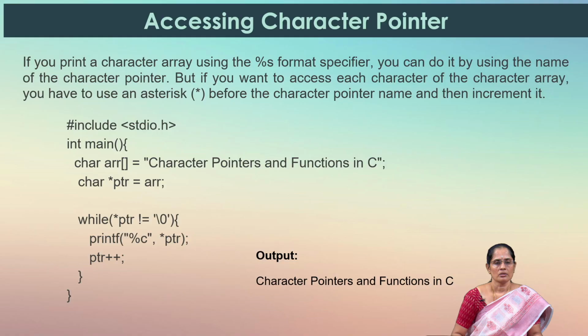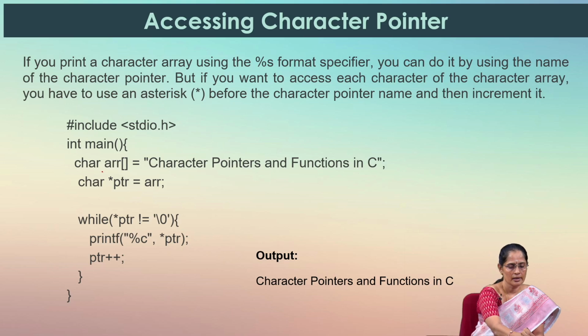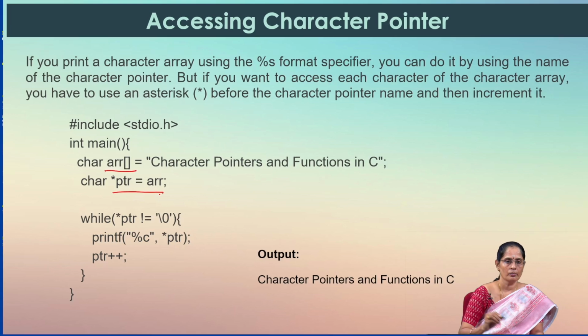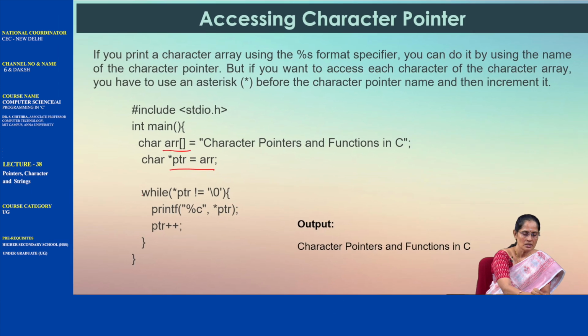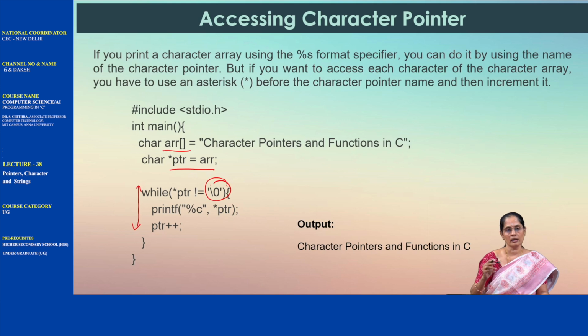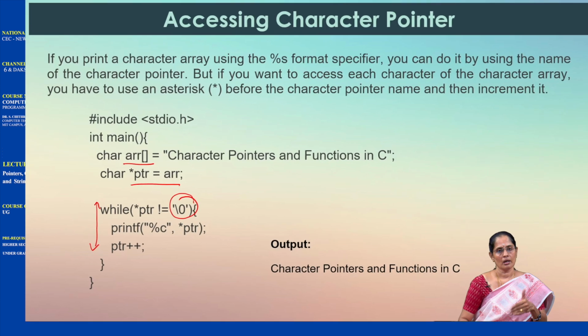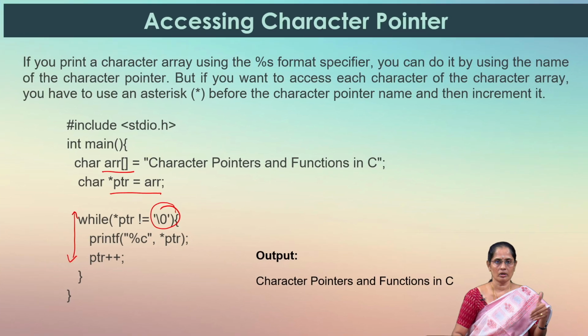So, accessing a character pointer. How are we going to access the character pointer? The same way, we will declare an array and a pointer pointing to the array. We can simply use a while loop until it encounters the null character, the termination character. We can simply use %c to display its value, which gets each and every value on every loop iteration, and we increment the pointer on every iteration.